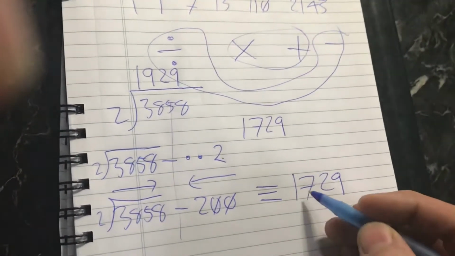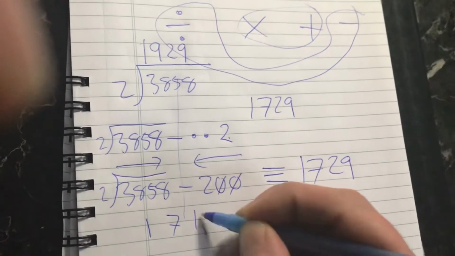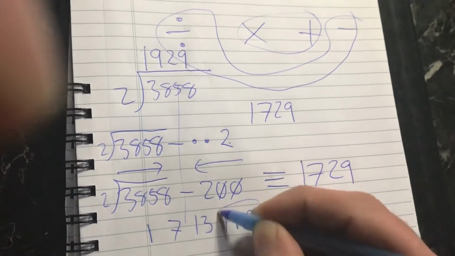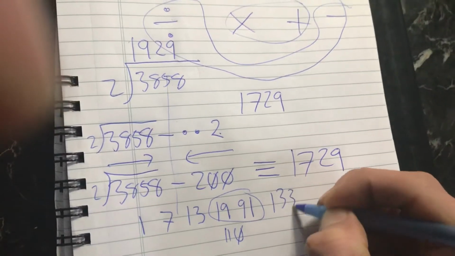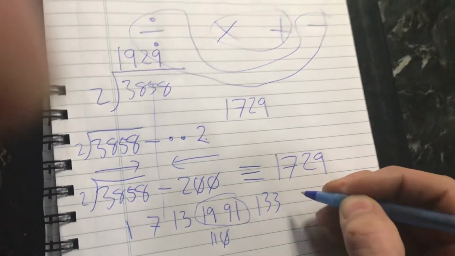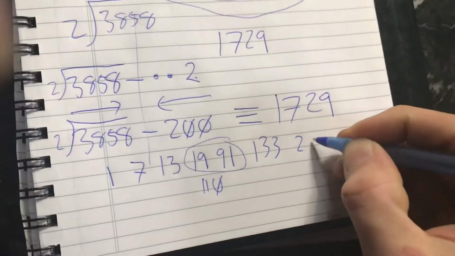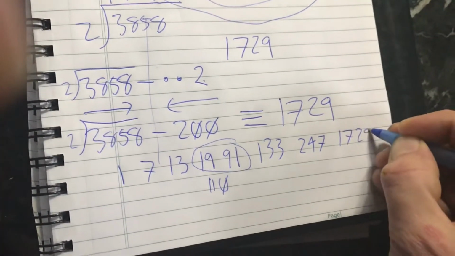And I find that interesting that the divisors of 1729 are 1, 7, 13, 19, 91. Sum those together, that gives you 110. Then you got 133. I don't want to look behind me. Damn it. 247, and 1729.